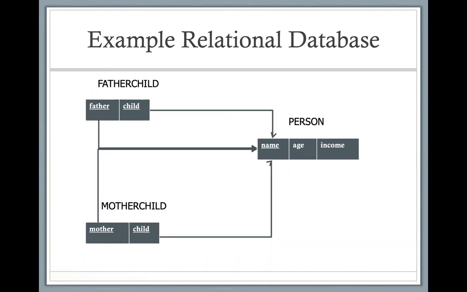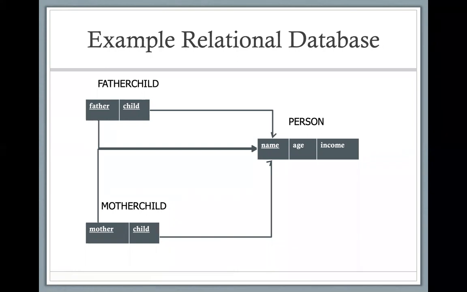We have father-child, that's a table. A mother-child is another table, and these contain information about people and their fathers and their mothers respectively. Then I have a table called person, which has the name of every person in the database, his or her age, and the income, how much money they make. Now I have two foreign keys from father-child to person.